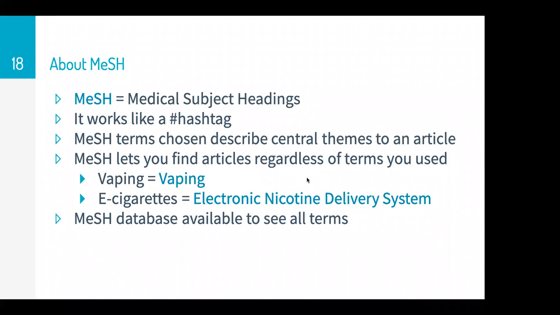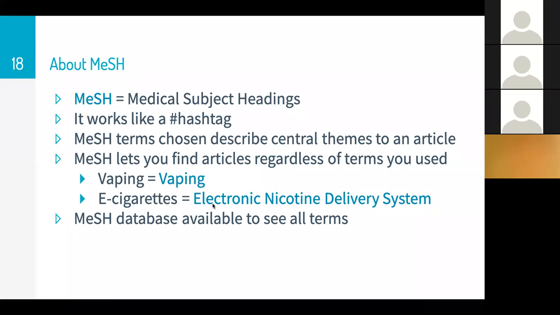It's also a way of helping you find articles regardless of the terms being used. Somebody could be searching electronic nicotine delivery system or e-cigarettes, but PubMed knows that these two mean the same thing. That's all you really have to know about MeSH. Without going into too much detail, it's really just intended to give you an idea of what search terms you should be using.